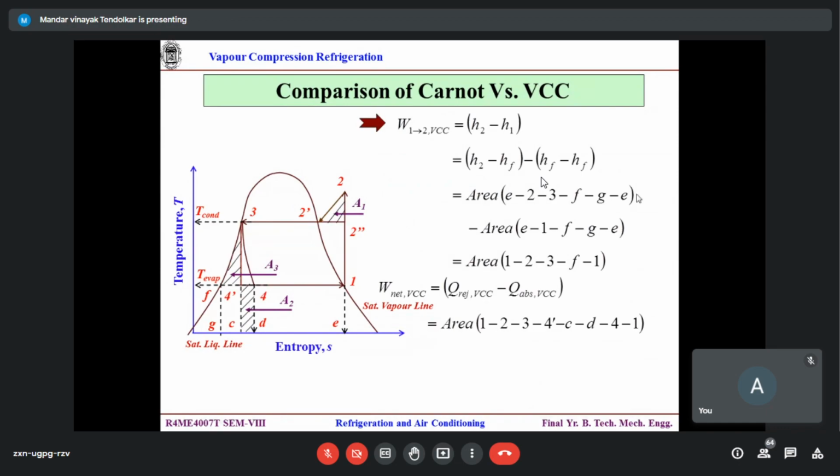So now if I say that this and this is the same, here is the same. So 1, 2, 3, F1 is the same as 1, 2, 3, 4 dash, C, D, 4, 1. If they are the same, that means this area A3 is the same as A2. Do you agree?